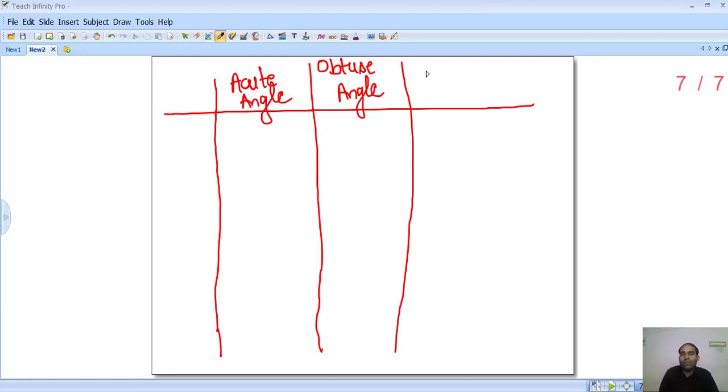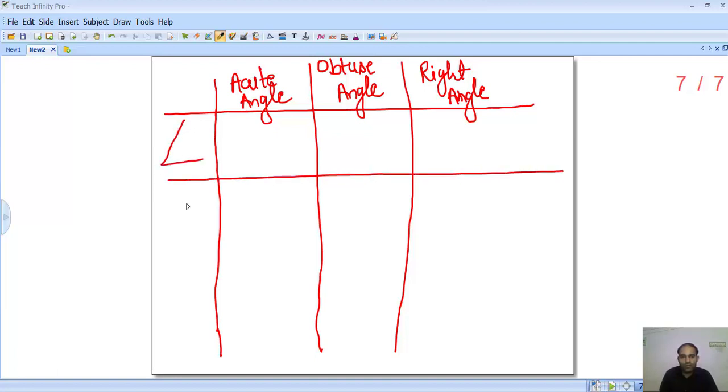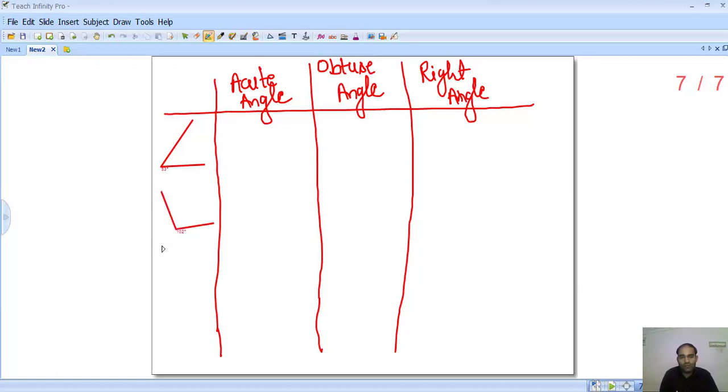The third one is right angle. Let's take only three. Now you will tell me. This is one, this is two, this is three. Let me take one more, this one.